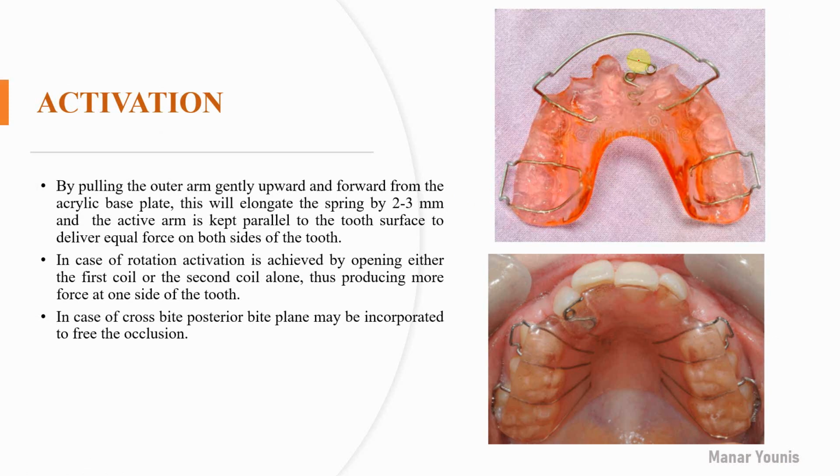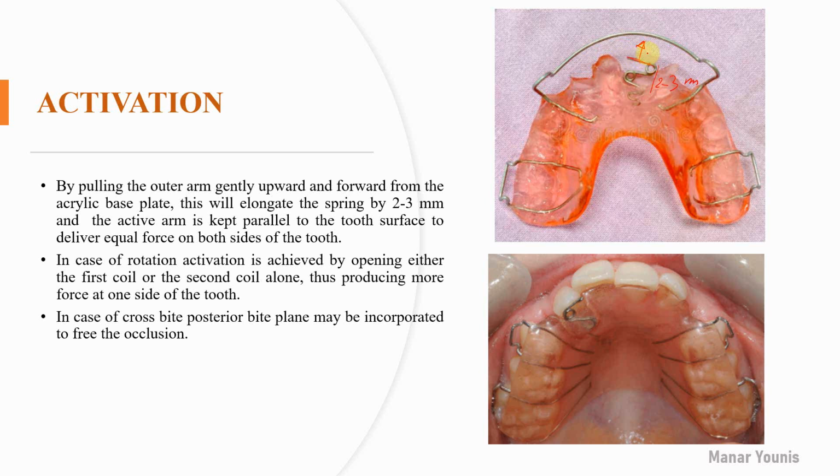The easiest way is to grasp the active arm between the beaks of the plier and pull the spring away from the base plate in an upward forward direction. This will elongate the spring by 2 to 3 millimeters and the active arm will remain parallel to the tooth surface.